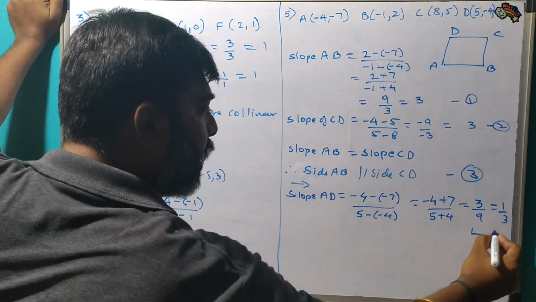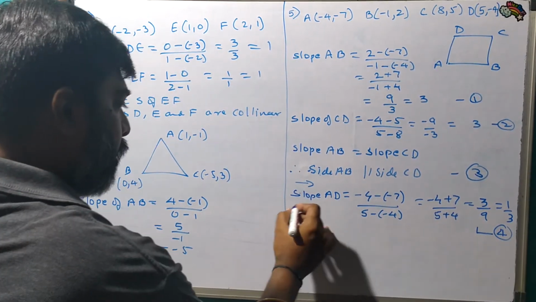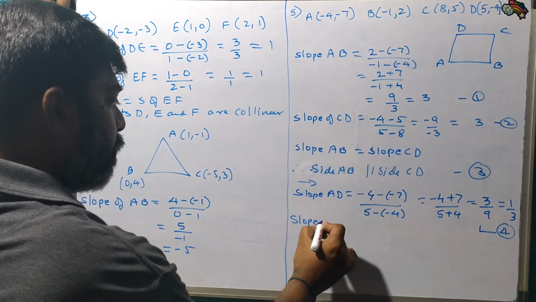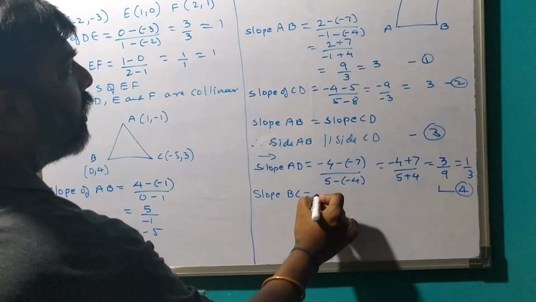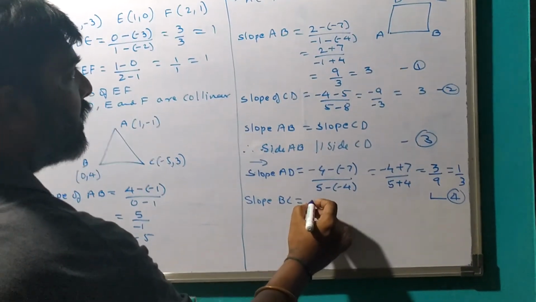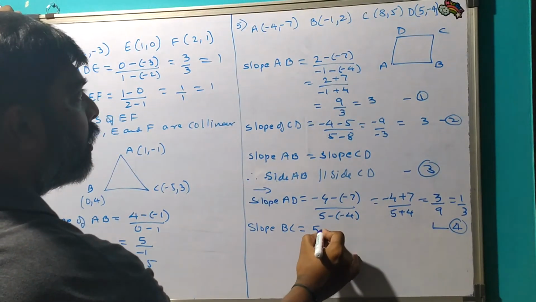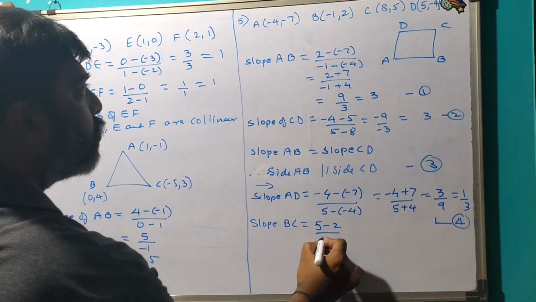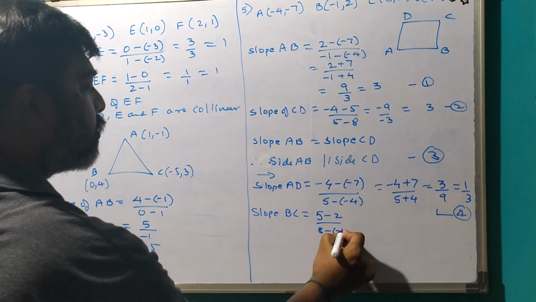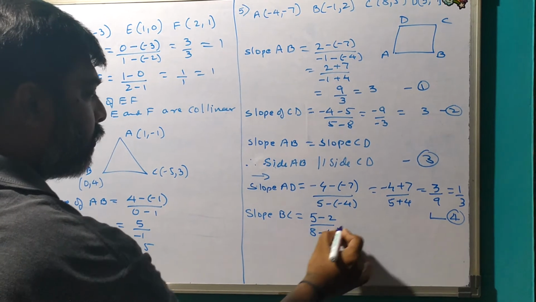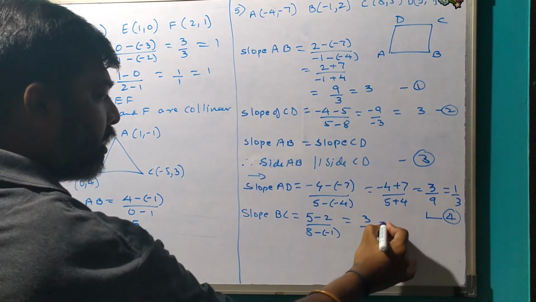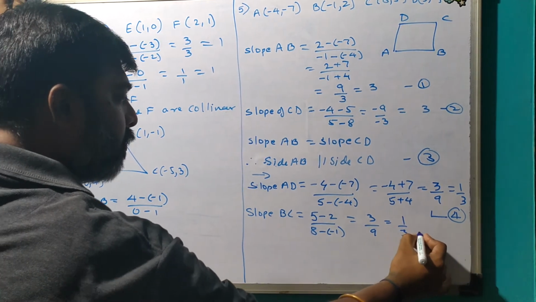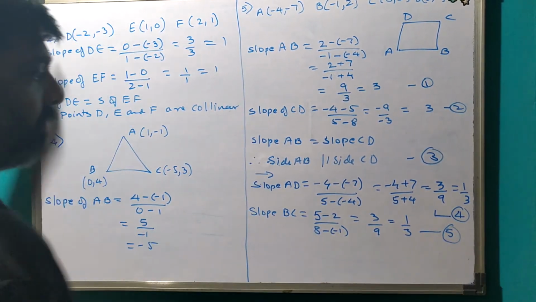Make this statement as 4. Next, slope of BC. BC can be written as C minus B, upon 8 minus 1. This will become 3 upon 9, that is 1 upon 3. Make this statement as 5.